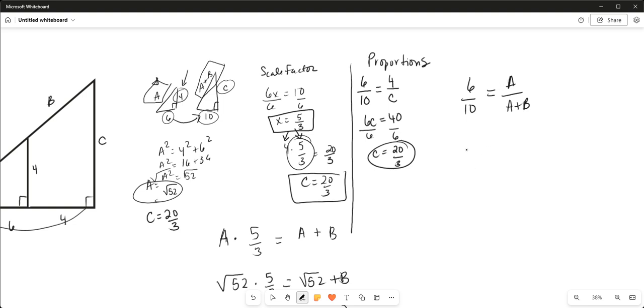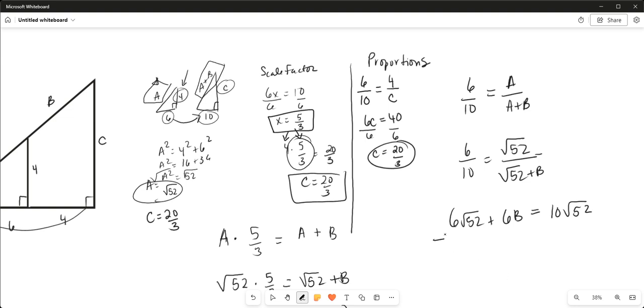And then we're going to fill in what a is. So 6 is to 10 as the square root of 52 is to the square root of 52 plus b. Then we're going to cross multiply. So that's 6 square roots of 52 plus 6b equals 10 square roots of 52.